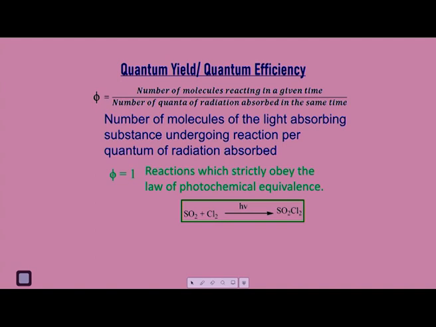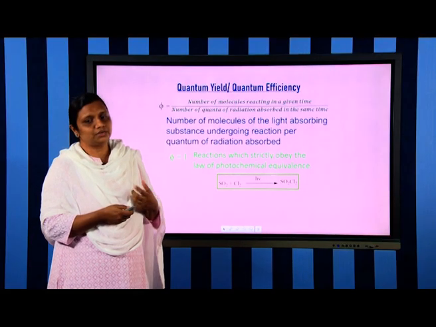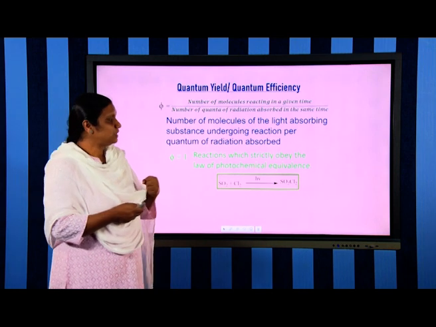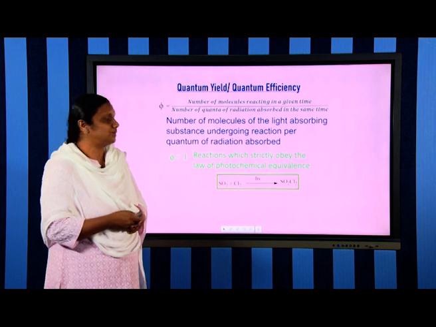A very good example where phi is equal to 1 is the conversion of sulfur dioxide and chlorine to SO2Cl2, wherein whatever energy of light has been absorbed is completely converted to chemical energy. There is no wastage of energy.